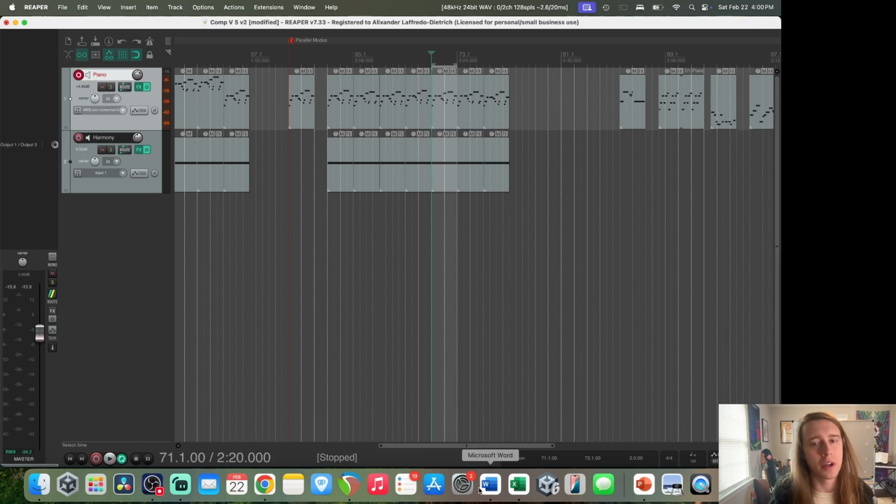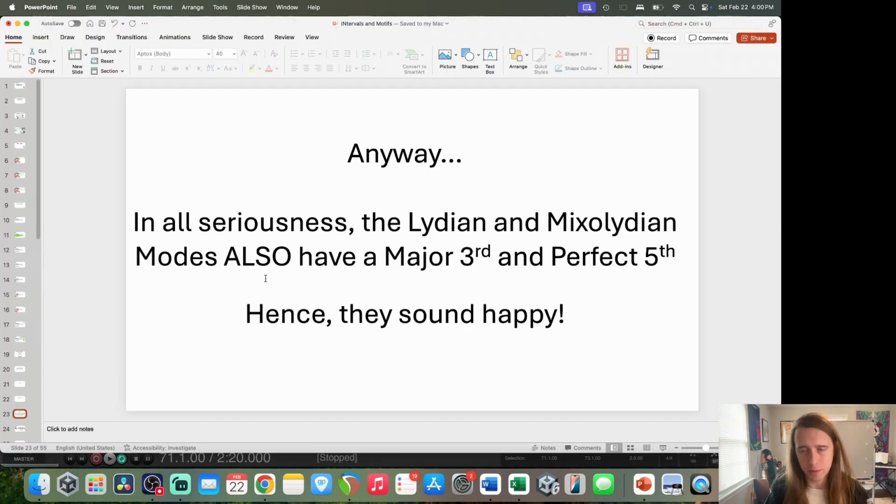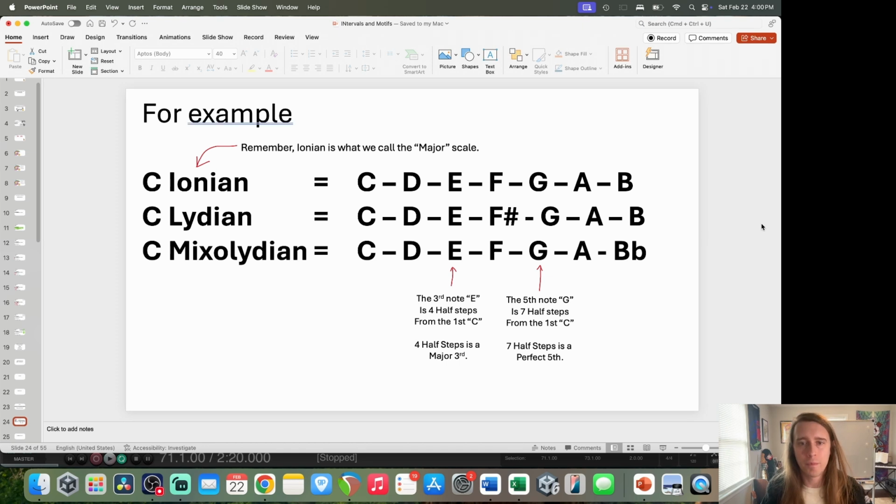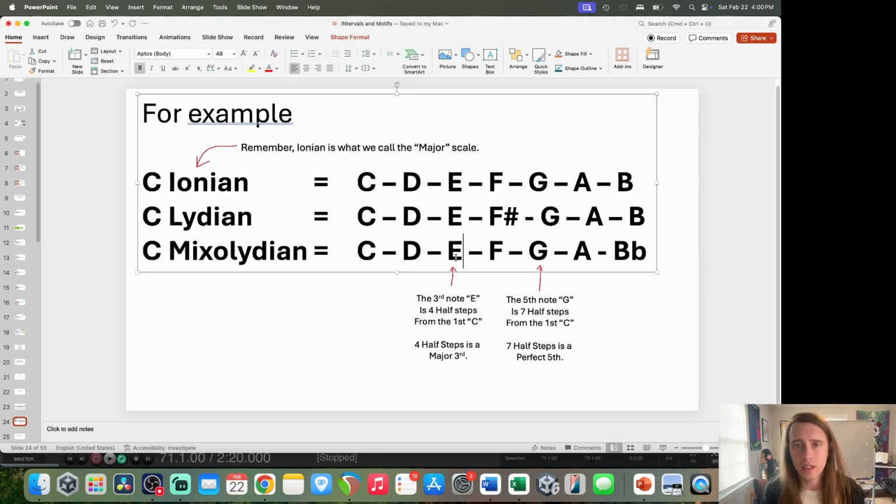Now, they have a different flavor of it, but they're all happy and stable sounding. So, the reason why, again, is that in the key of C, the instance is E. But if it was another tonic, that would still be a major third away. So they have a major third and a perfect fifth for Ionian, Lydian, and Mixolydian.